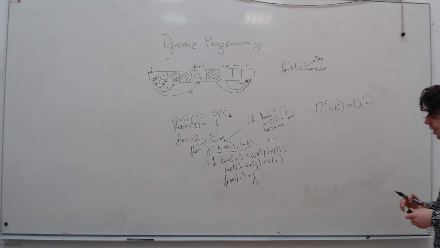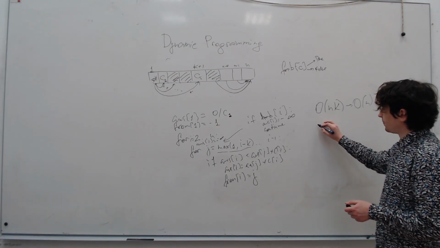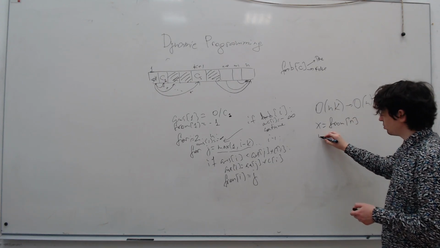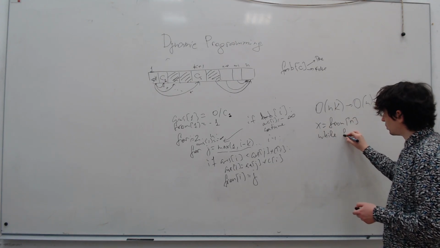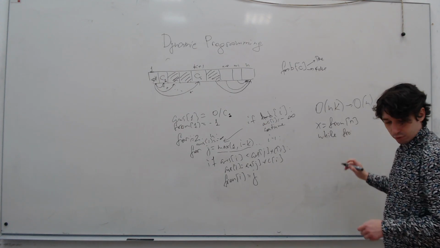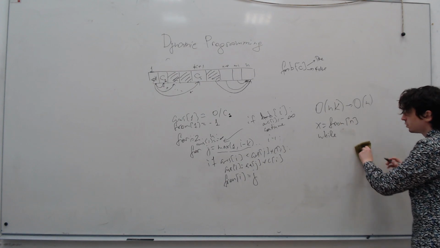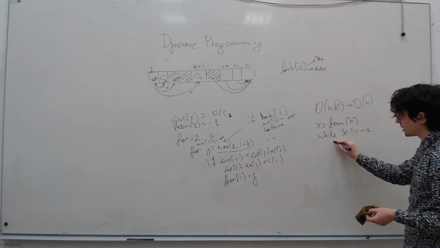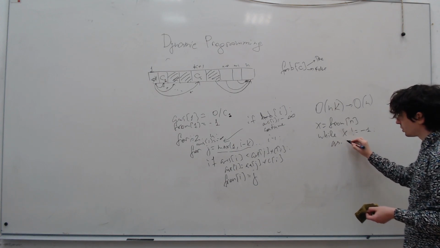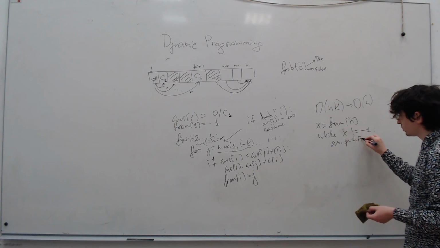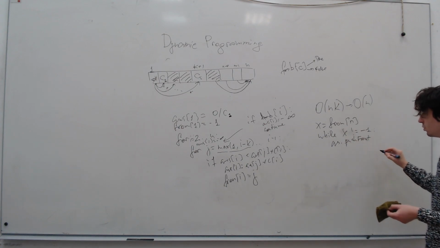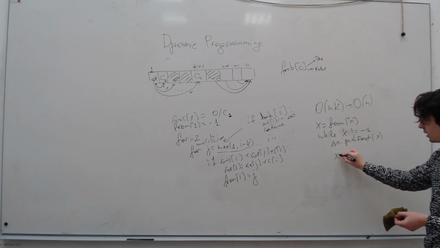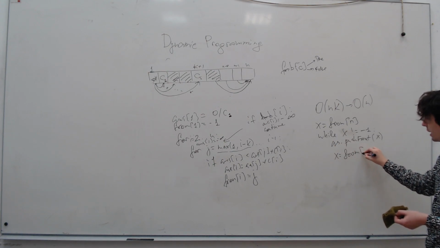To restore, you set x equal to from of n, and then while x is not equal to minus 1, you continue: answer dot push front x, and you set x to from x.